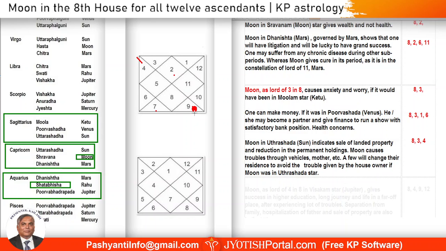And Moon, if it is in the star of Venus, then it is going to strongly indicate first the first house and the sixth house. Then it is going to indicate the third house where it is. Then it's going to indicate the eighth house where it is placed, and finally it is going to indicate the third house, the ownership. But this particular combination is not bad for earning some money.